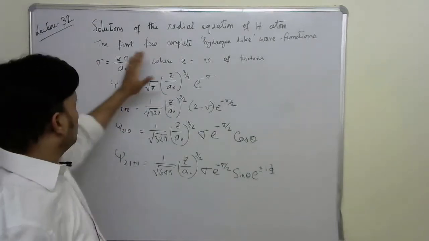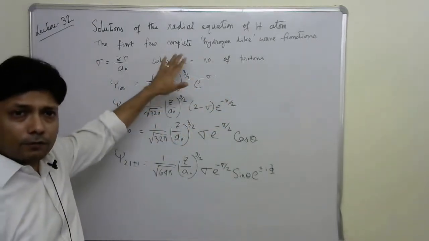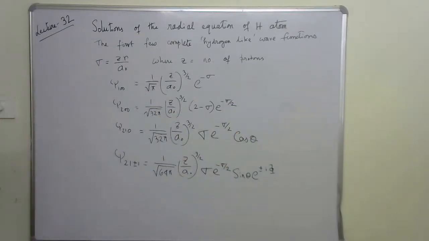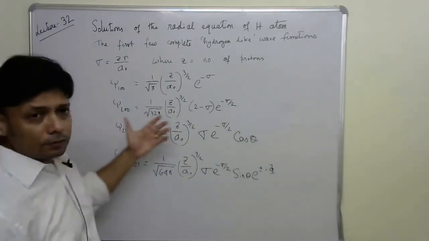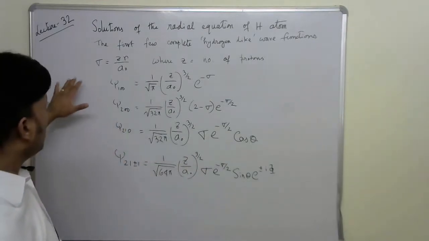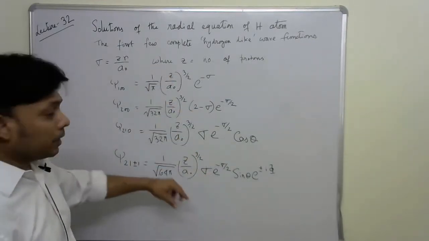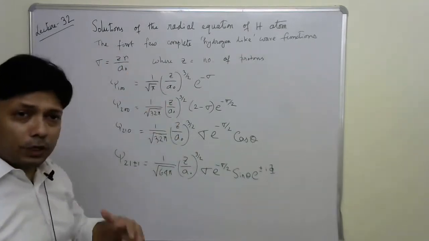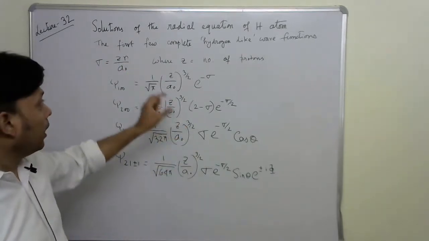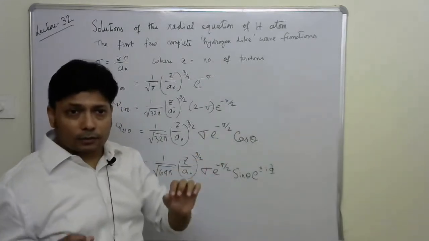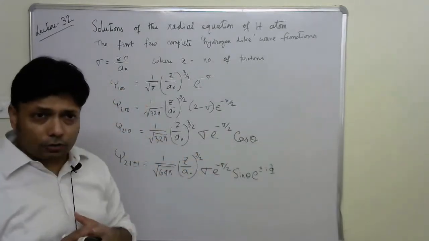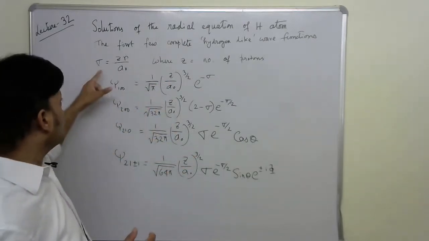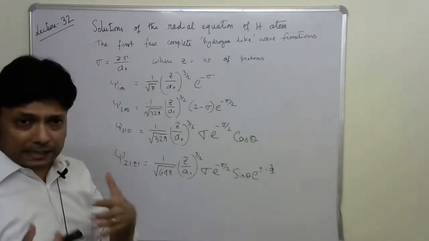You must also verify that the first few complete hydrogen-like wave functions, as obtained from the standard formulas and expressions, appear like this. Here these expressions have been given in a very generalized manner, and written as hydrogen-like. That means not only for hydrogen, but for any other atoms where Z is not equal to 1, in fact Z is more than 1.